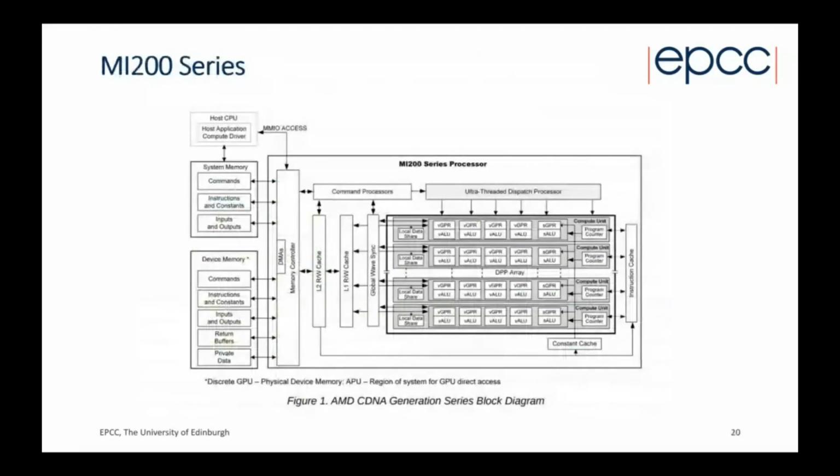For MI200 series GPUs on the AMD side, they're designed in a very similar way. You have some number of compute units, and each compute unit has a number of these streaming processes in the center. You can dispatch work to them, and each streaming process is going to take an individual item of work.